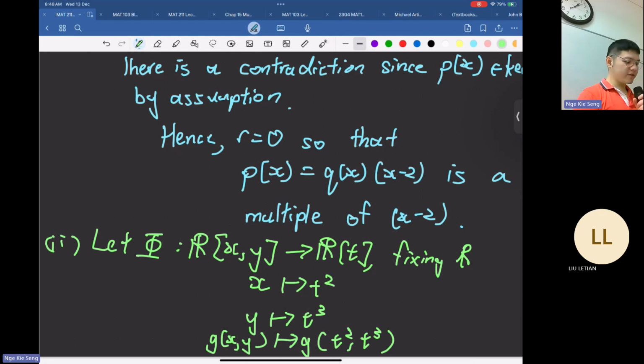So what's the kernel of this map? Can you guess what the kernel of this map is?